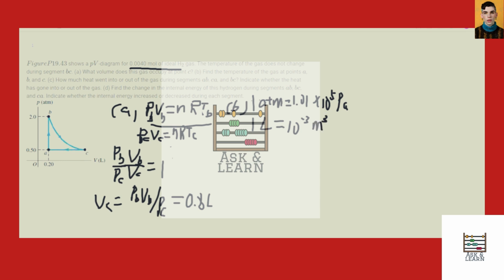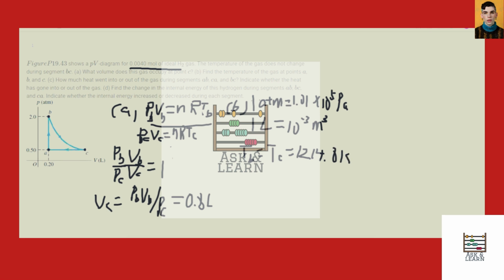So you just need to plug in the numbers into the state equation, and you can solve for T_B, which equals T_C because these two temperatures are the same. The temperatures are 1214.8 Kelvin.